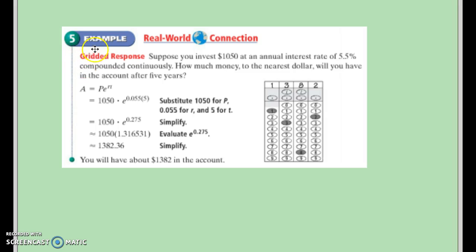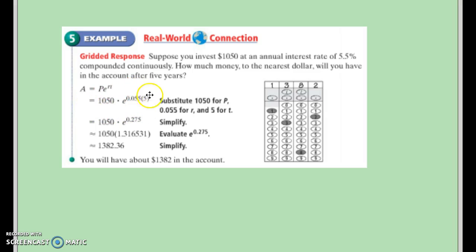So let's look at an example. Suppose you invest $1,050 at an annual interest rate of 5.5% compounded continuously. How much money to the nearest dollar, and make sure you're paying attention to where you're rounding, will you have in the account after 5 years? Again, I go back to my formula. My principal, what I started with, was $1,050. e is just the base that I use. Here is 0.055, where I've taken my percentage and turned it into a decimal, and we're talking 5 years.